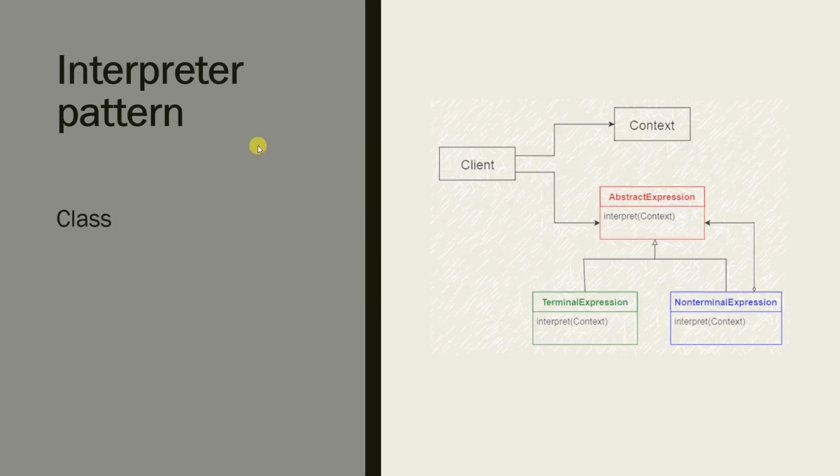The last one is the interpreter pattern. This pattern is used for designing a component that interprets programs written in a dedicated language. It mainly specifies how to evaluate lines of programs, known as sentences or expressions, written in a particular language. The basic idea is to have a class for each symbol of the language.